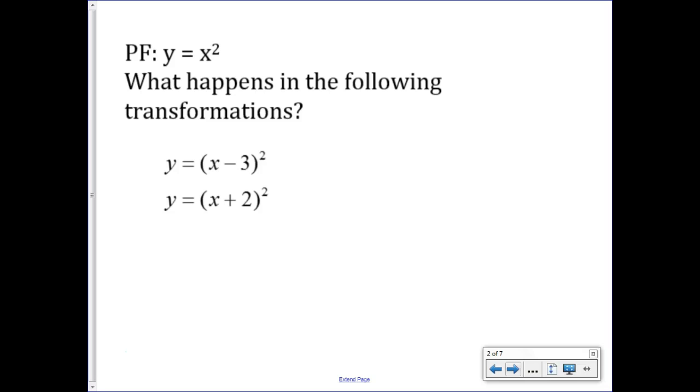Hopefully you're back with me and you discovered that this moves right 3 and this one moves down 2 instead of the up or down when it was outside.